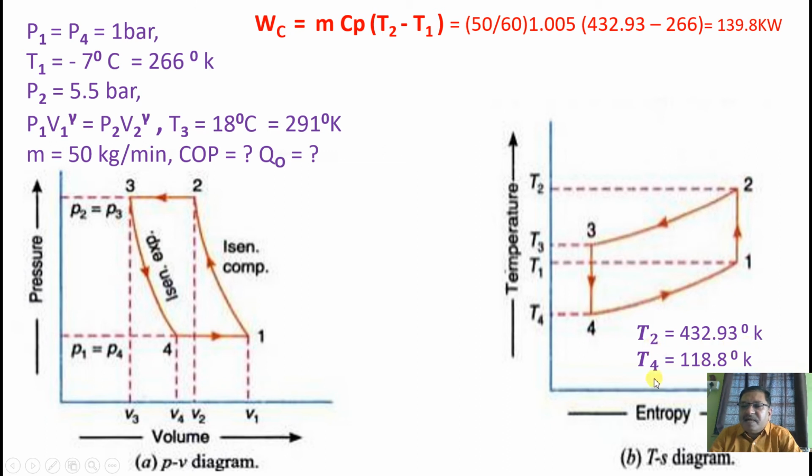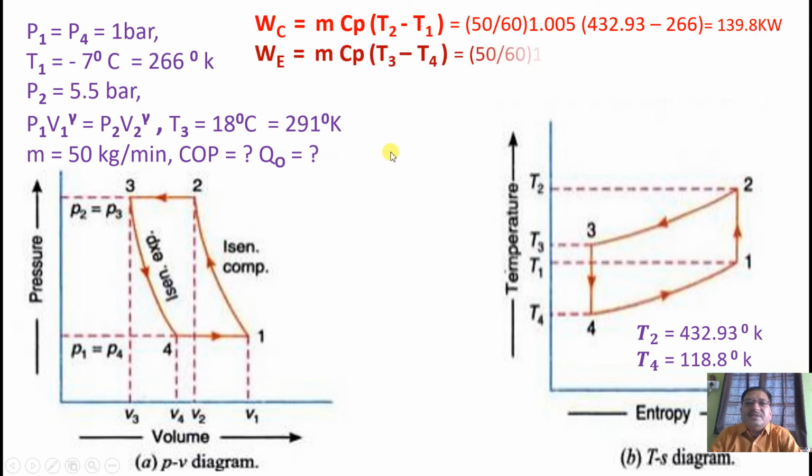So the value of T2 is 432.93 degree Kelvin, and the value of temperature T1 is given as minus 7 degree centigrade, that is converted into Kelvin. Minus 7 plus 273 is 266 degree Kelvin. And you get the work of compression to be 139.8 kilowatt.